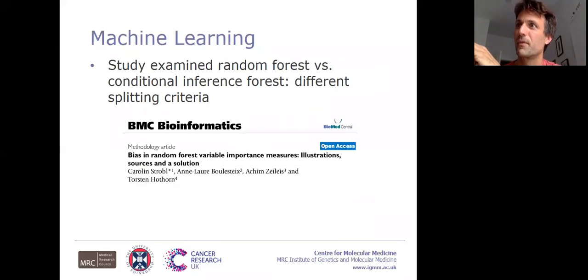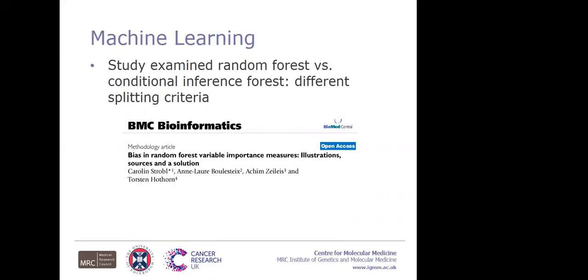But okay, so this first study that I'm going to talk about, by Carolin Strobl et al., examined random forests, which I've just talked about, plus an additional random forest type algorithm called conditional inference forest.